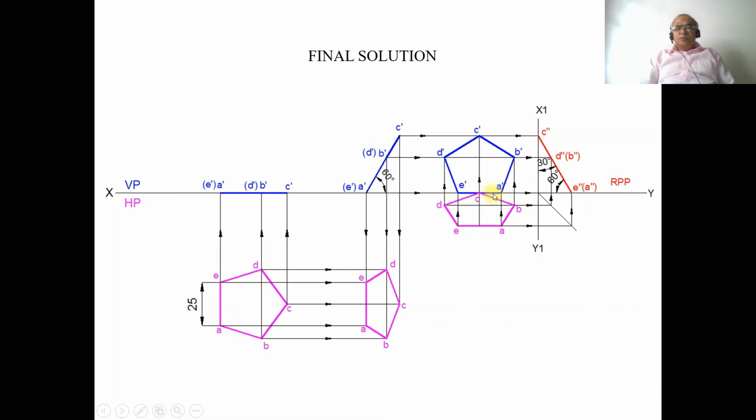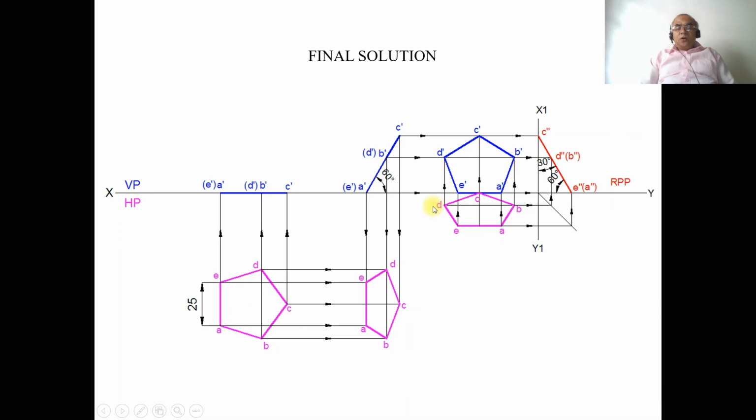Then draw a horizontal projector from A dash and E dash to the side view, and draw a horizontal projector from E and A to the 45-degree line. From this point, you draw a vertical projector. Both these two lines are going to intersect at this point, and you mark this point as E double dash and then A double dash in bracket.